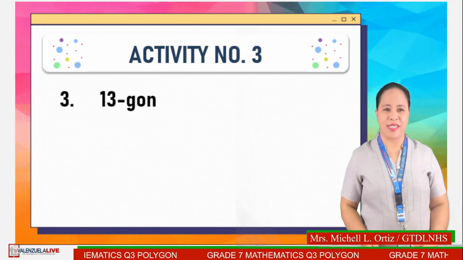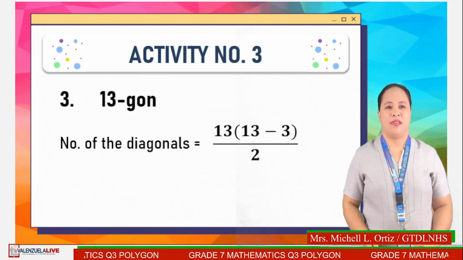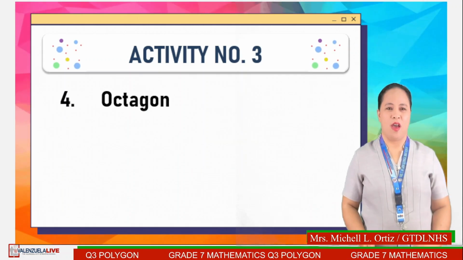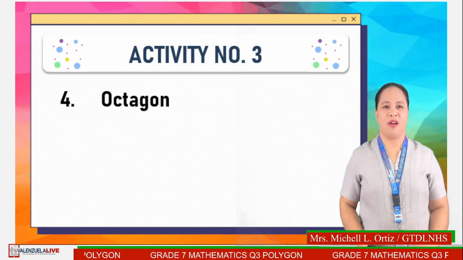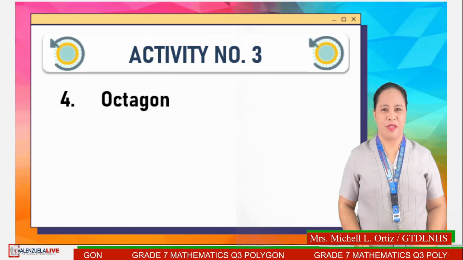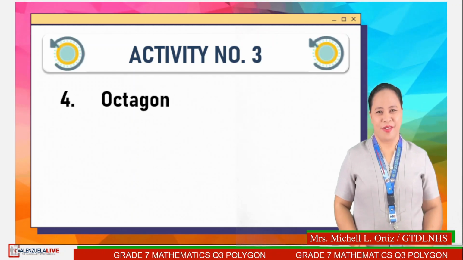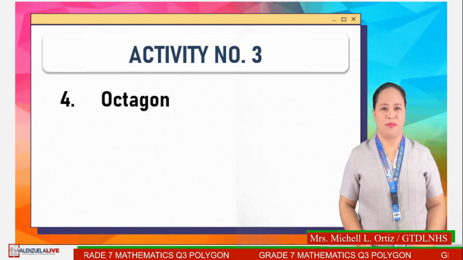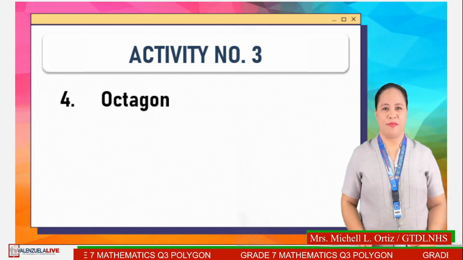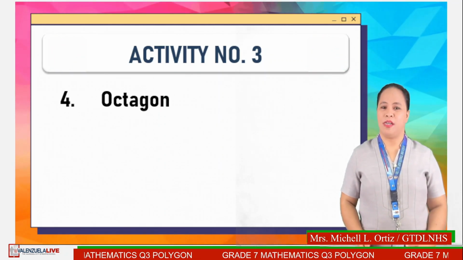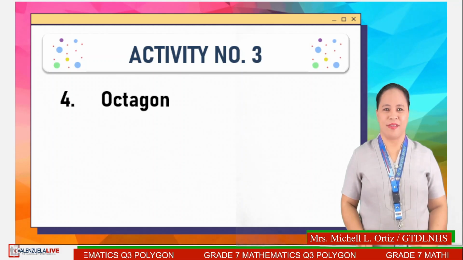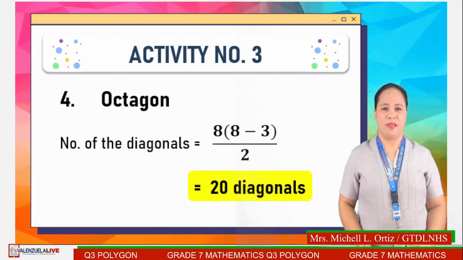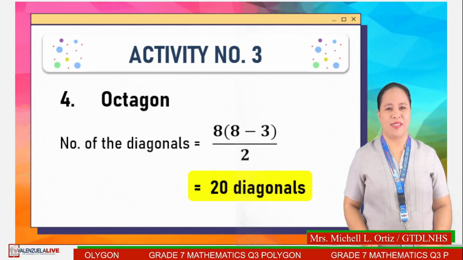Correct answer is 65 diagonals. Number 4. Octagon. 5 seconds. Go. Correct answer is 20 diagonals.